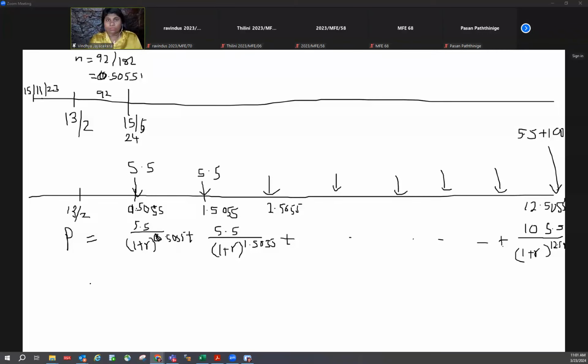This is from basics. This is how I'm supposed to do it. But now what do I do? I decompose this into two pieces.